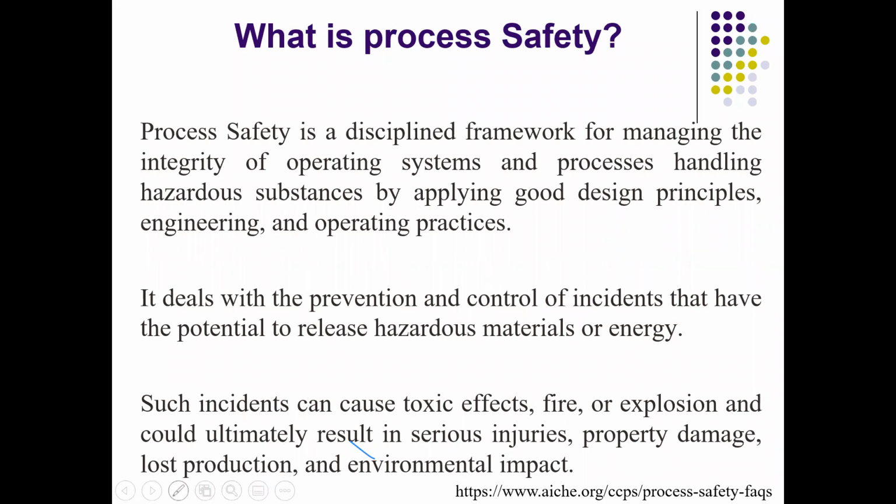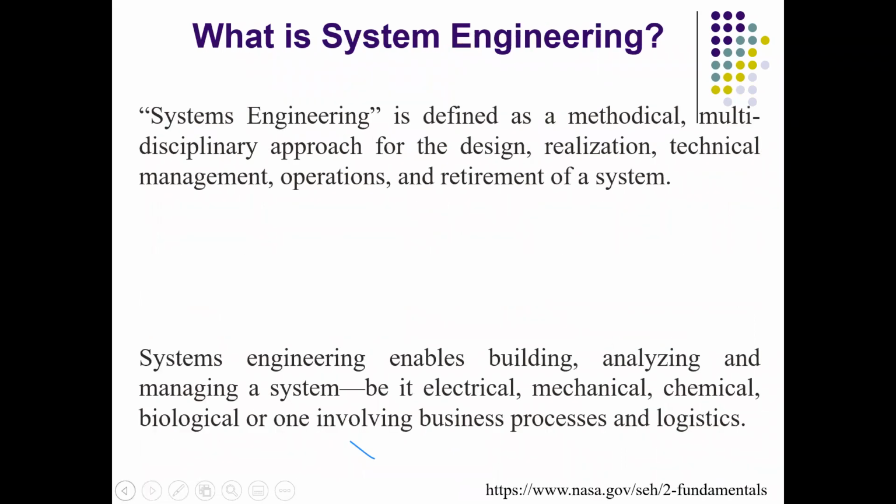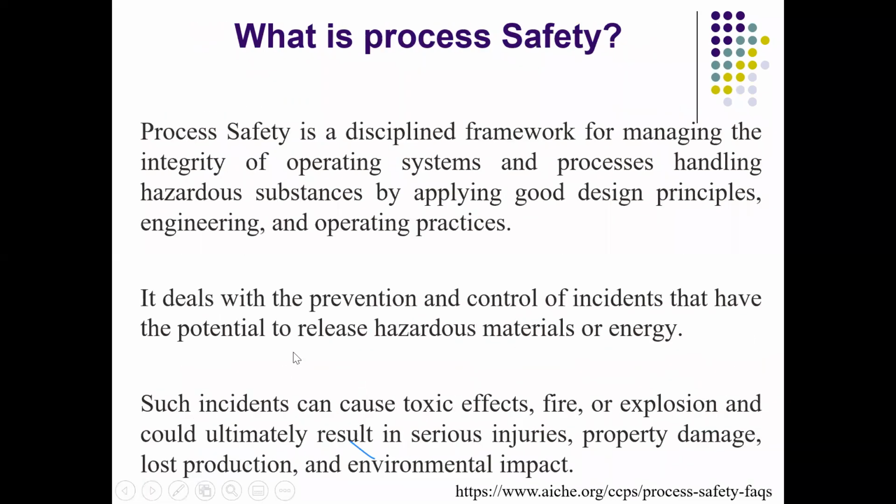So many things. That's the main reason why process safety is so important in all the major industries, not just the chemical industries. Even in the automobile industry, it is still very important there as well. The basic principles remain the same, just the concept remains the same.